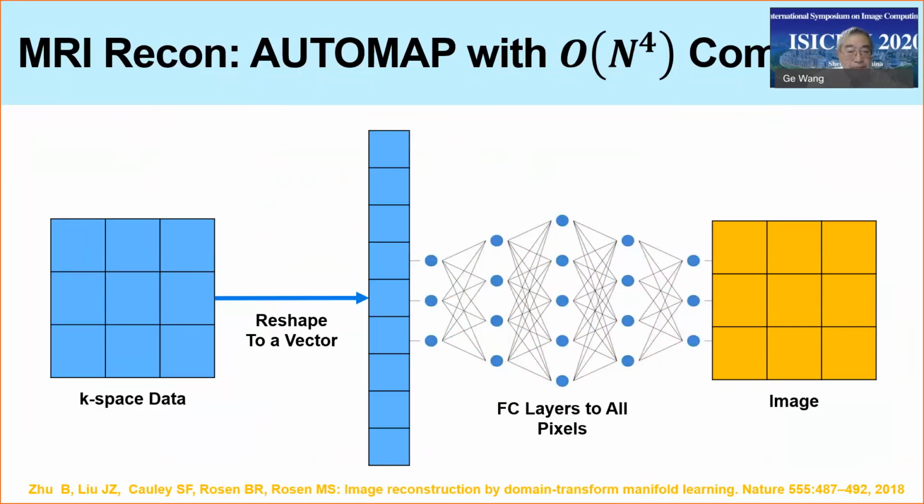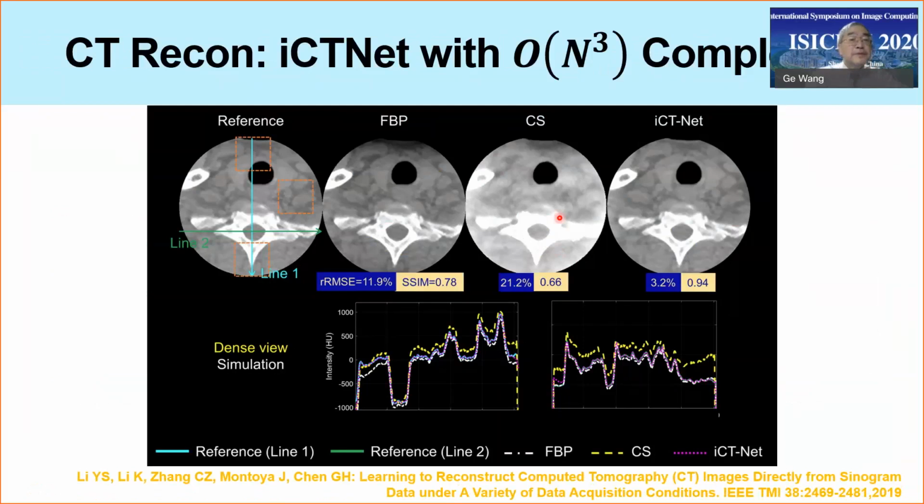An improvement was made by Guanhong Chen's group, who perform end-to-end, direct mapping from raw data to the reconstructed domain. They performed network design based on each and every projection profile, so that the fully connected network is built based on projection.